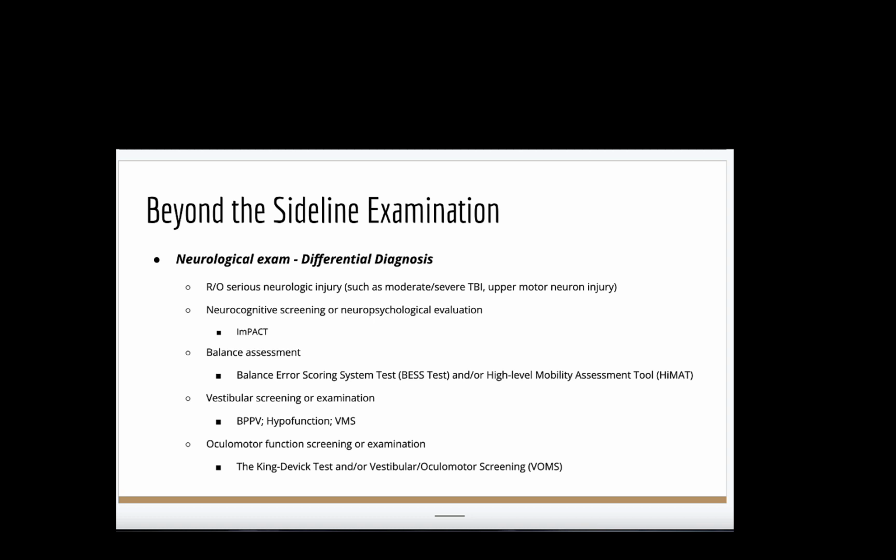Okay, and two major screening tools for oculomotor function are the King-Devick test and the VOMS. I would highly recommend the VOMS because it's free. The King-Devick is great, but it's not free, and I think there's a little bit more clinical utility for the VOMS, which we'll talk about another time.